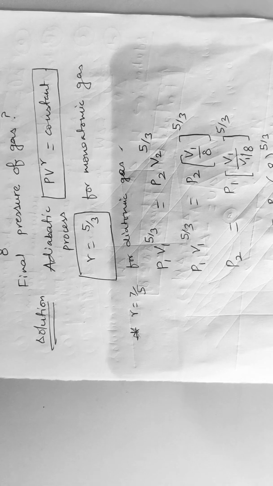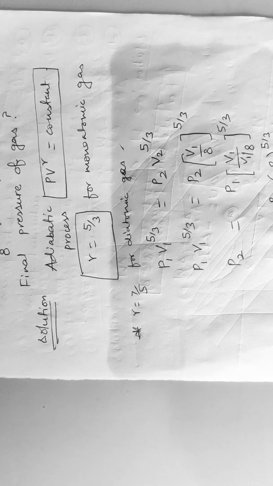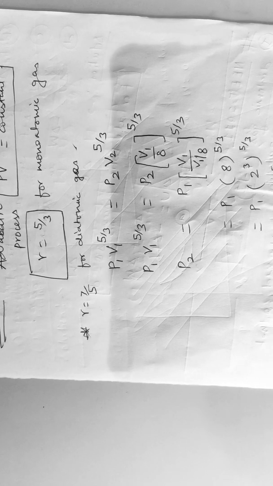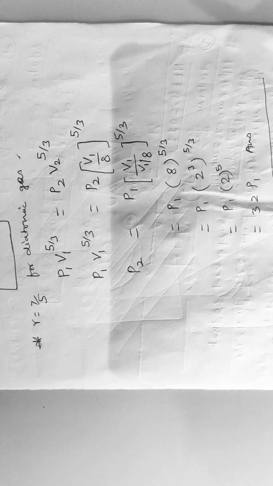P2 is taken to this side, and now P1 remains, and V1/8 raised to the power 5/3. It is simple mathematics, and now this will be actually only 8 raised to the power 5/3. Now this 8 can be written as 2 raised to the power 3. Now the 3s cancel. Now it will be 2 raised to the power 5. That will be P1 into 32.